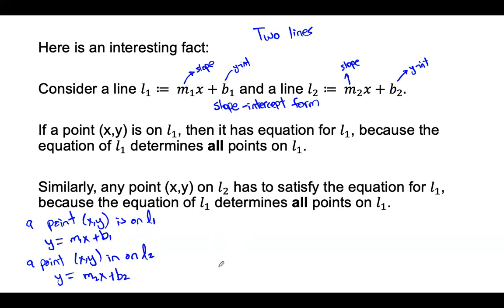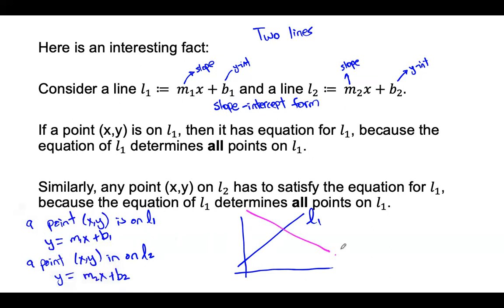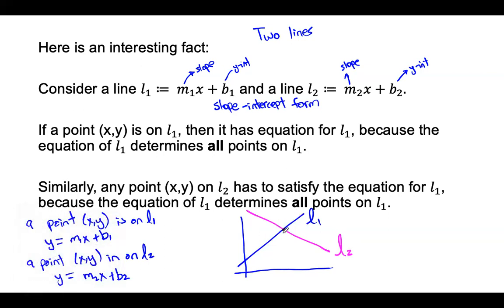So we could draw a little sketch to make sure we understand. It doesn't have to have these axes. So suppose this is our L1, and we have L2. And this point here, this is our x.